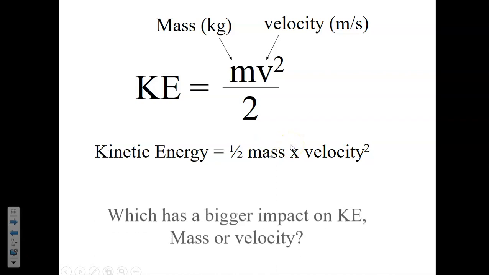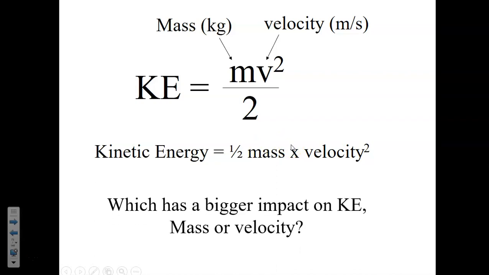All right. So which has the bigger effect on the kinetic energy, the mass or the velocity, or is it the same based on the equation? Well, since the velocity is squared and the mass is not, it ends up that the velocity is going to have a bigger impact because there's two velocities essentially that are impacting the kinetic energy.